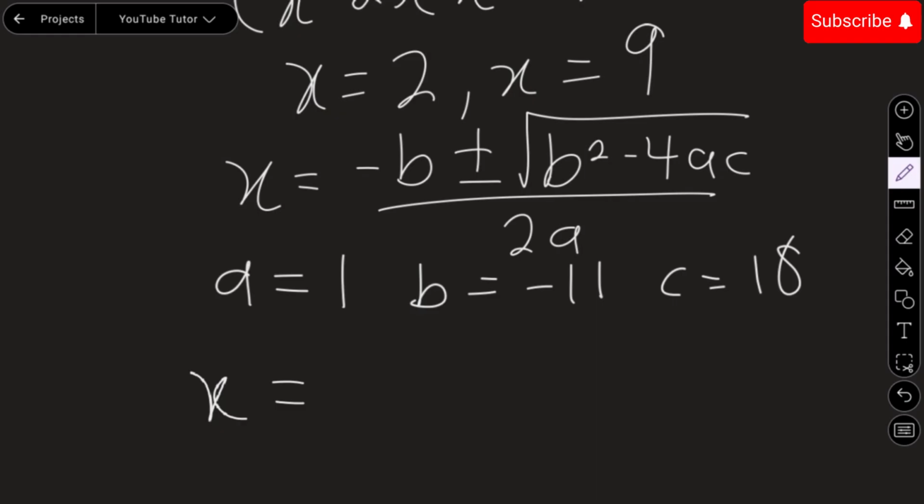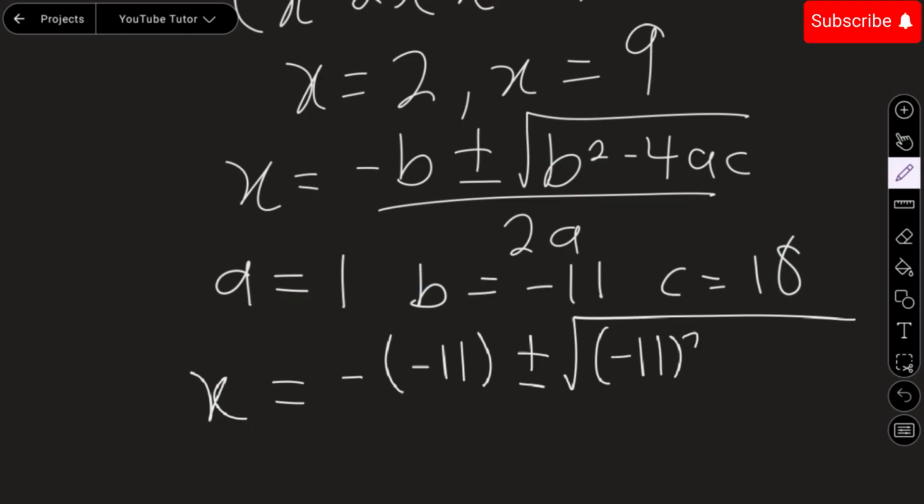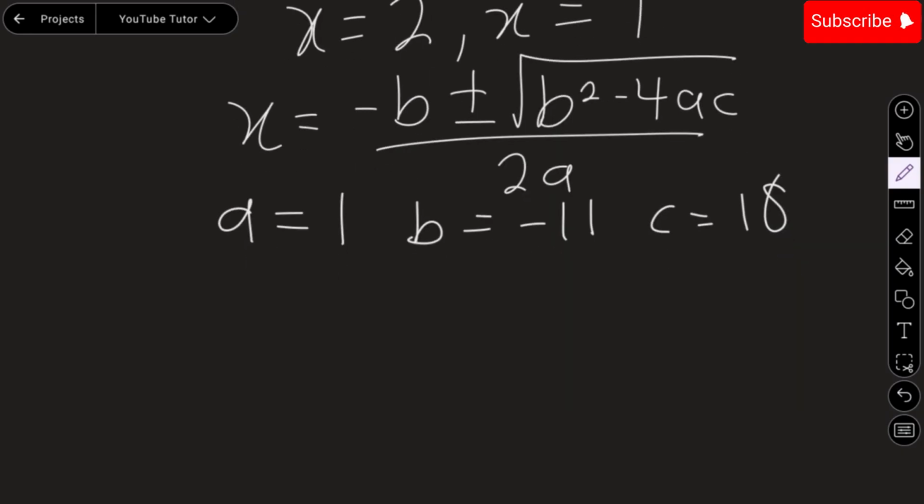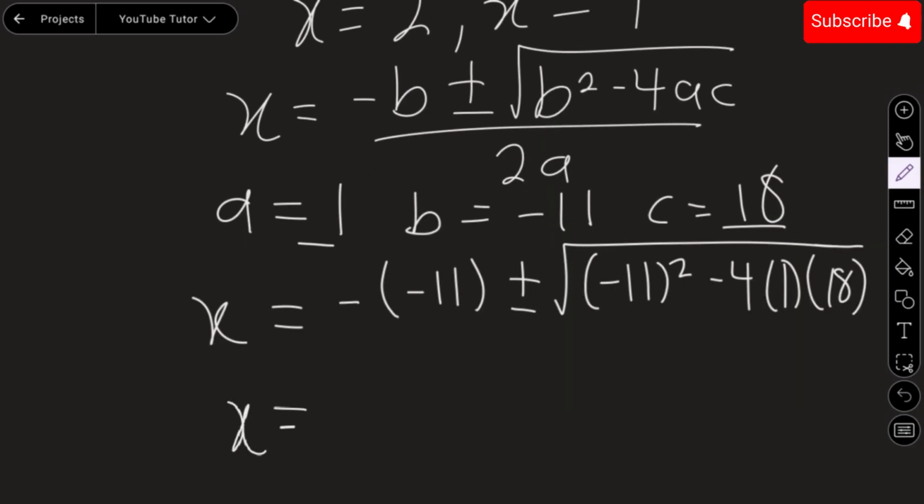So negative 11 plus or minus square root of b squared. So negative 11 squared minus 4 times 1, which is a, then times 18, which is c. And now x is equal to, all divided by 2 times 1, which is a.